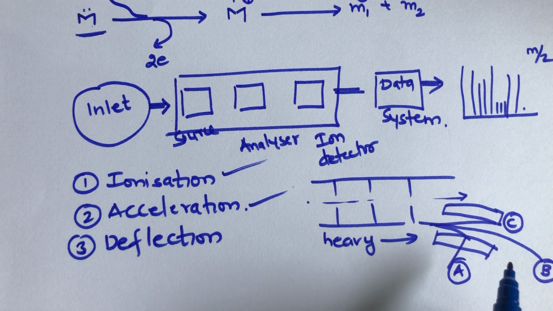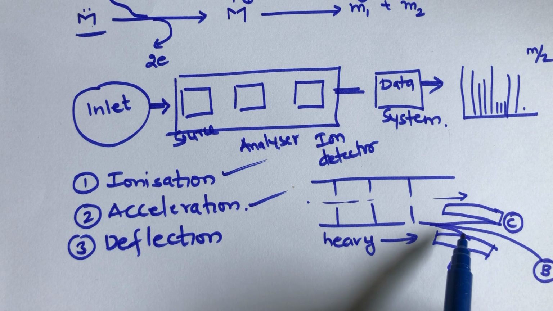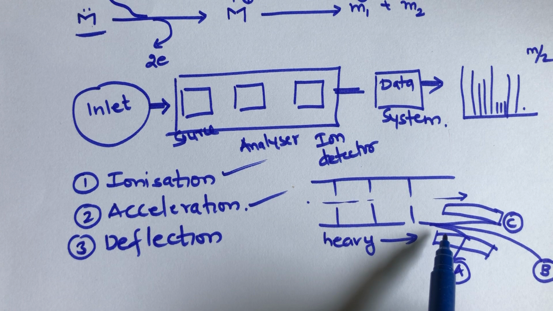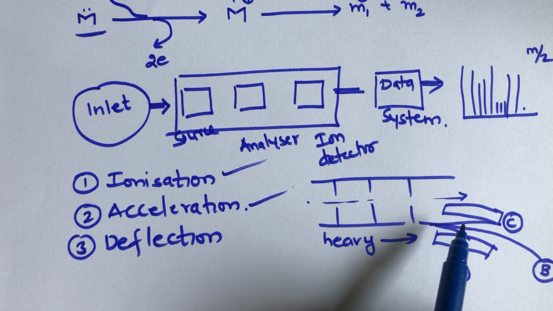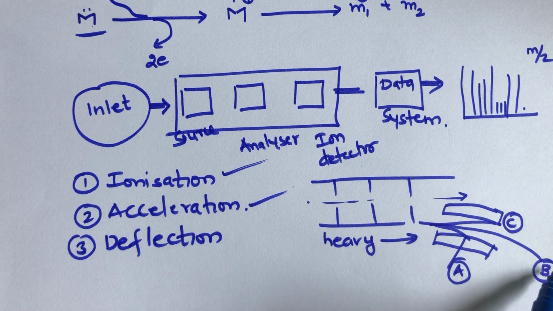The heavier ions and the ions with a +2 charge or more are deflected least, so they come out like this.